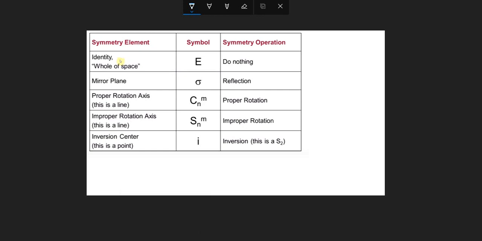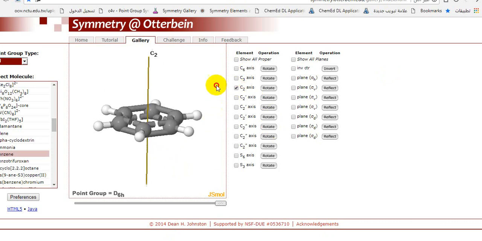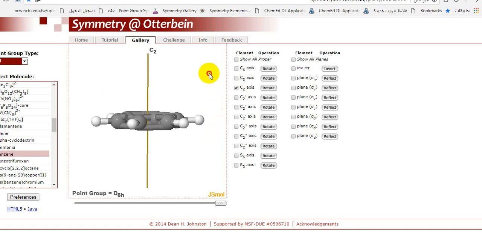Okay, look at this example. Benzene. About C, for benzene we have C2 on the Z axis.